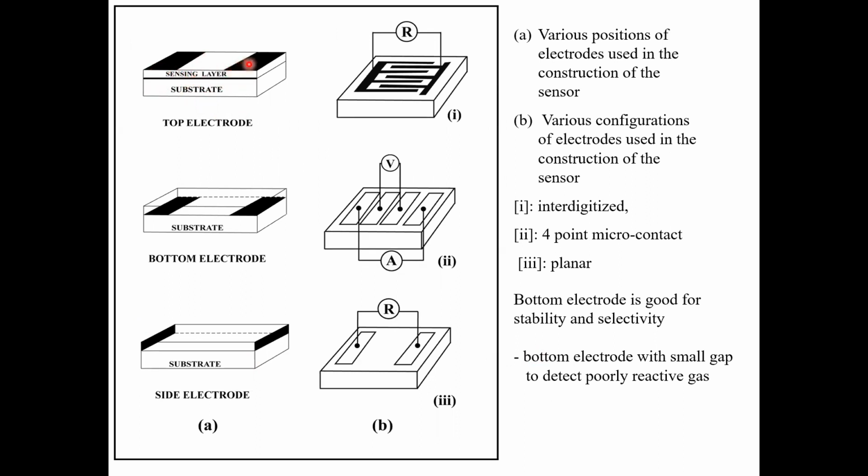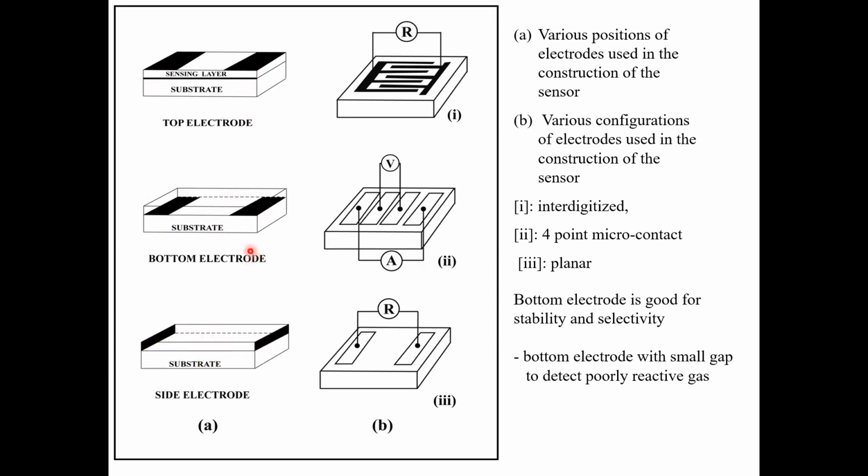So you can use the top electrode, where you put your electrode on top of the sensing layer, or you can print the sensing layer on an electrode-printed substrate. That would be called bottom electrode. Or you can put the electrode on the side of your sensor film, side electrode.